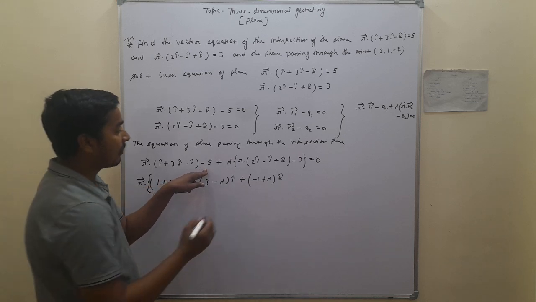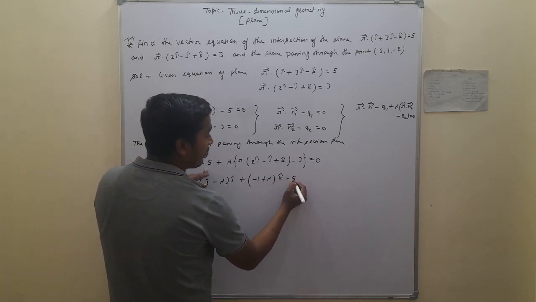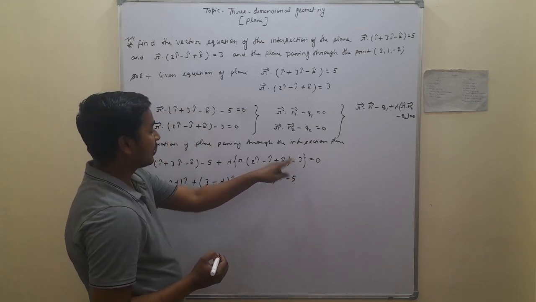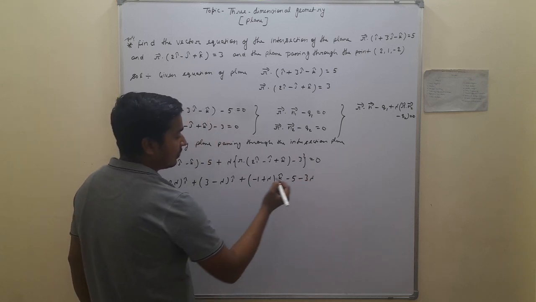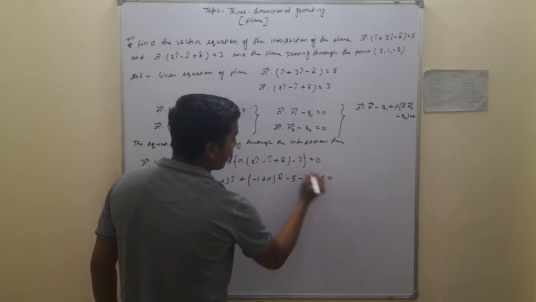And further the constant term is minus 5 and minus 3 lambda, equals 0.